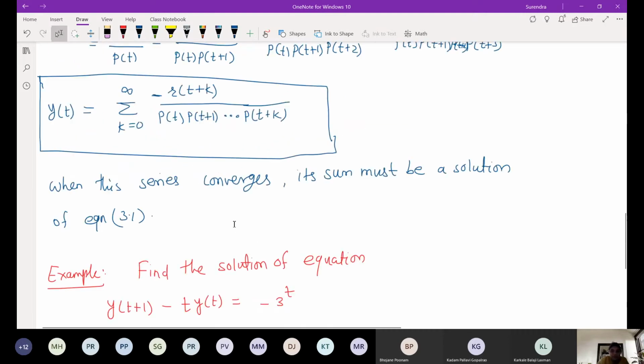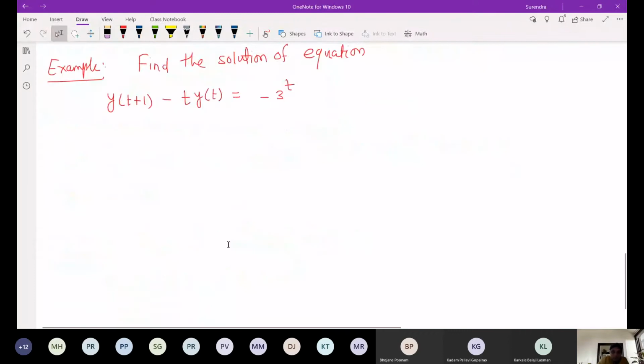If I give this a star, then from star, what should be the solution? From star, y t must be equal to, what is y t?